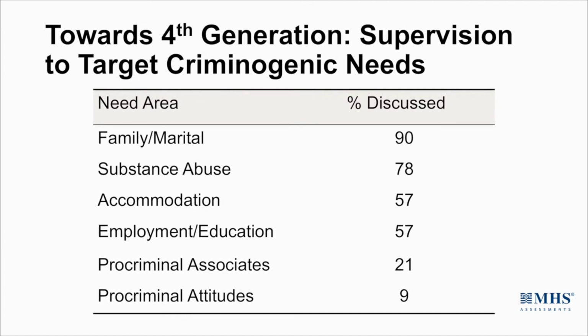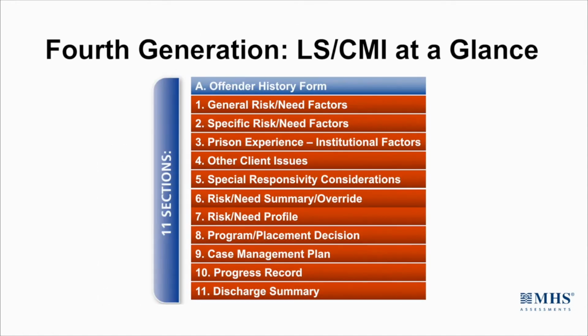So we felt that in the province, they were doing their risk need assessment, and almost it appeared like filing them away and then going into their supervision sessions, forgetting about what they assessed and what they need to be talking about. And that's one of the products that came out of this research.